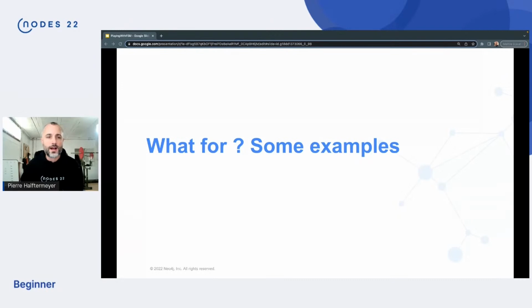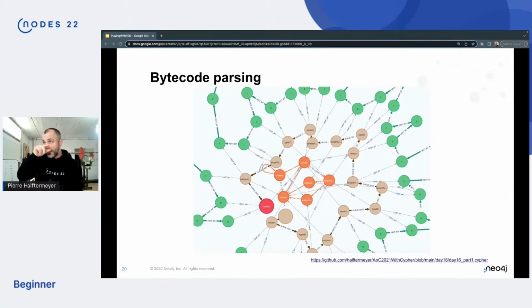Now, what are automata good for? Some use cases. This one is from a puzzle of the Advent of Code hackathon. It's bytecode parsing. You have to find packets in bytecode.